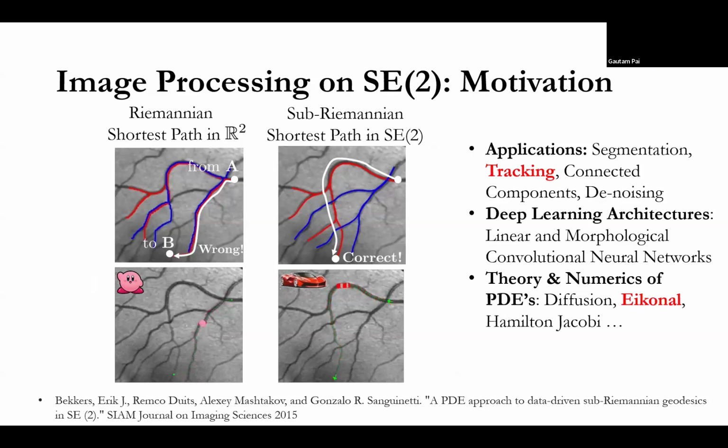As a general remark, you can also do this by lifting the image into the space of positions and orientations, doing the tracking there, and then projecting that back onto your image domain. The advantage of doing this is that we can put certain nice constraints on our tracking in this lifted space. For example, we can say that we don't want to abruptly move to the side as we track from the source to the target.